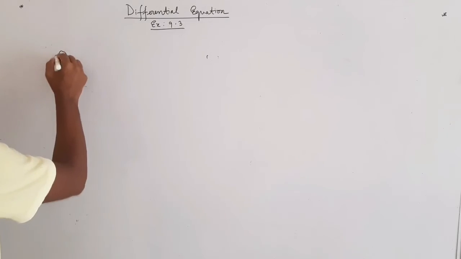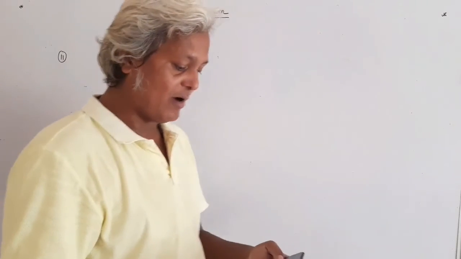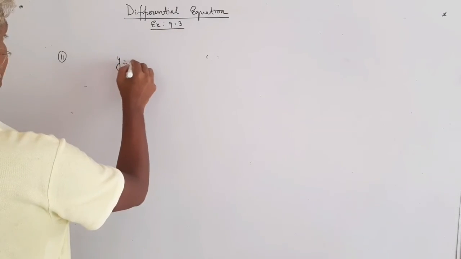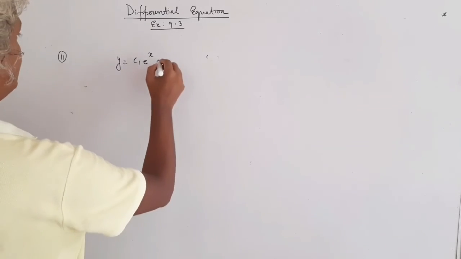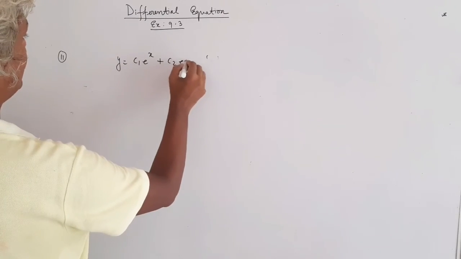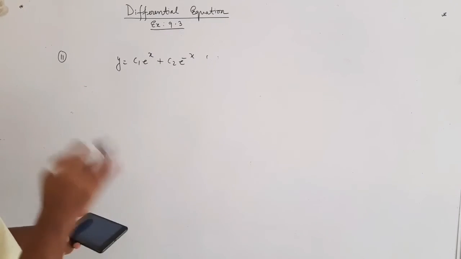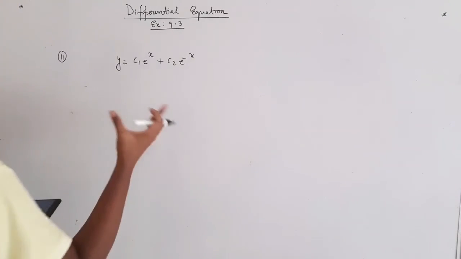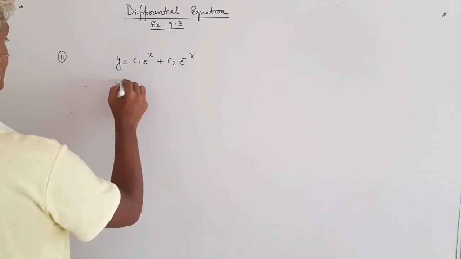Question number 11 is an MCQ question, which says: which of the following differential equations has y equals c1 e to the power x plus c2 e to the power minus x as the general solution. Now we have to differentiate it because we have got two parameters. Since it is an MCQ, we can go directly. So what is y dash?